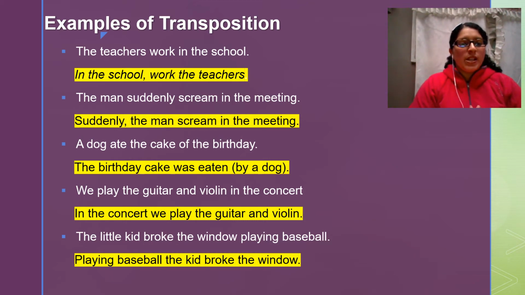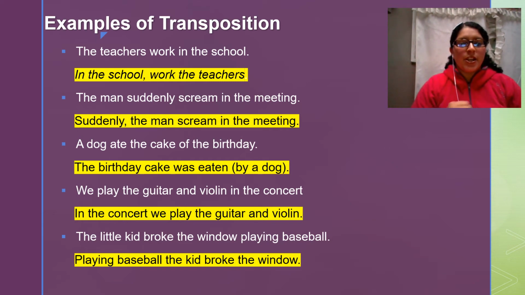The sentence with transposition says, suddenly the man screamed in the meeting. The same with the third sentence, a dog ate the cake of the birthday. The sentence with transposition says, the birthday cake was eaten.